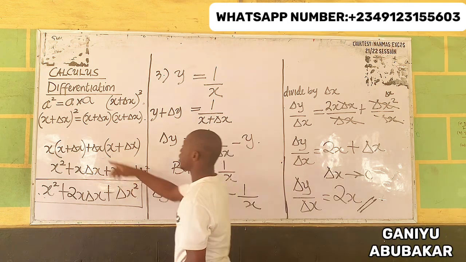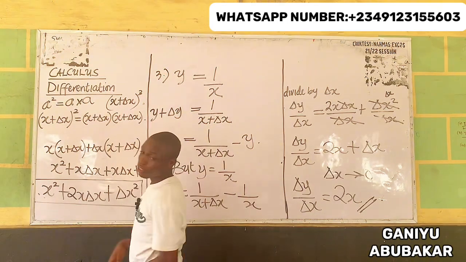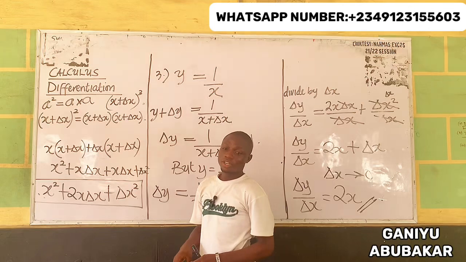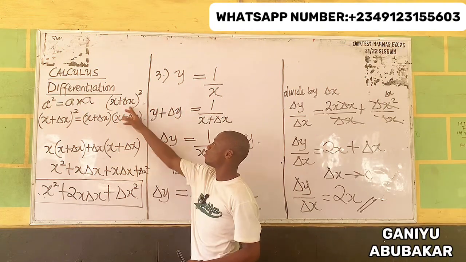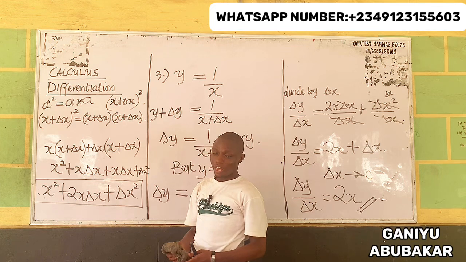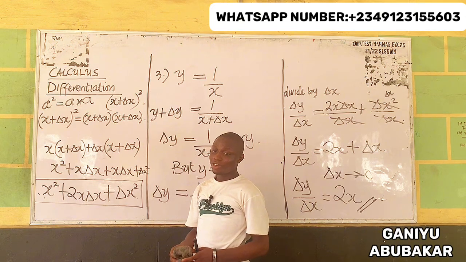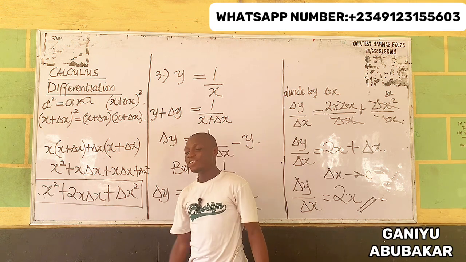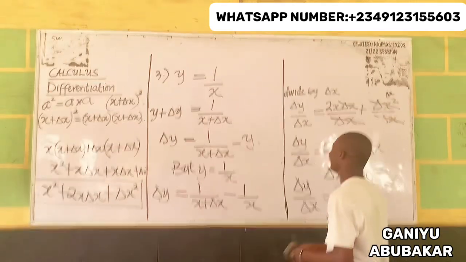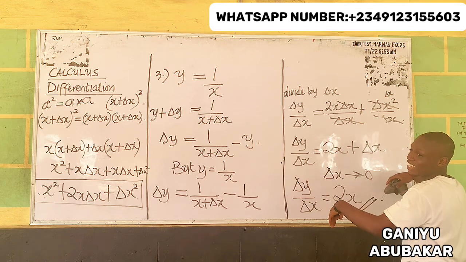Now I gave you x square, abi. How do you solve this one in this case?